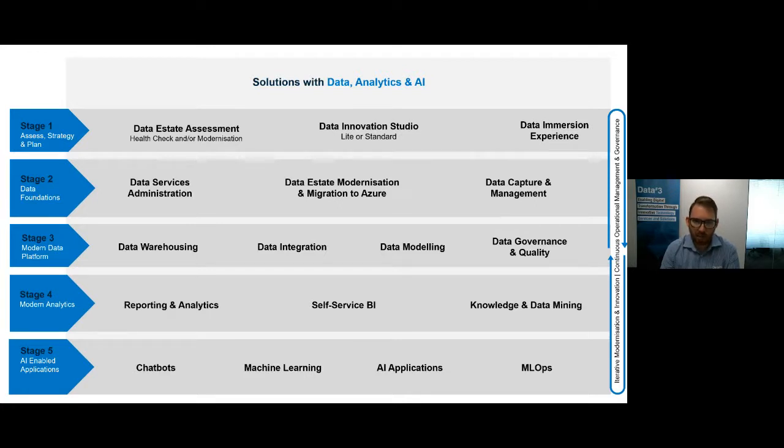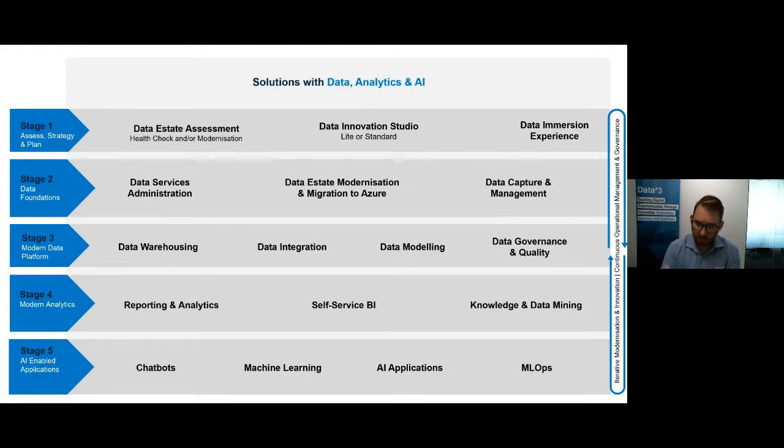It is about building out that capability in those areas. While that's really good to consider, we will be focusing today on stage 2 in the middle there, which is data estate modernisation and migration to Azure. But afterwards, I'm happy to engage on any of the topics that may be of interest to you as well.